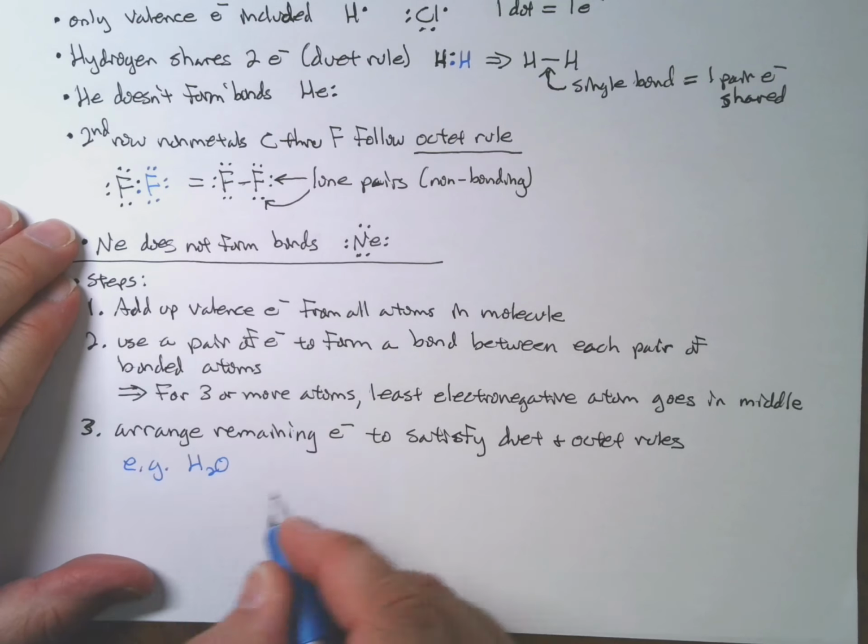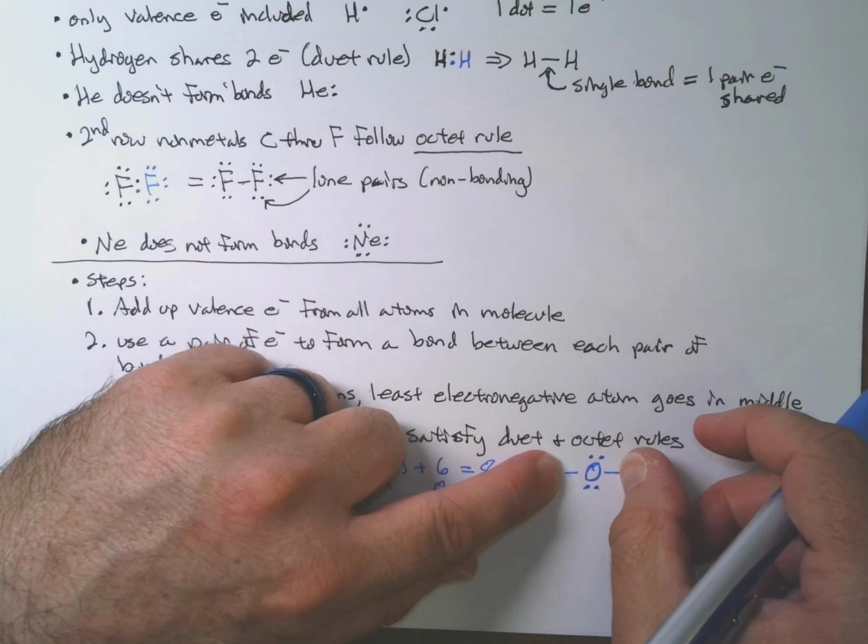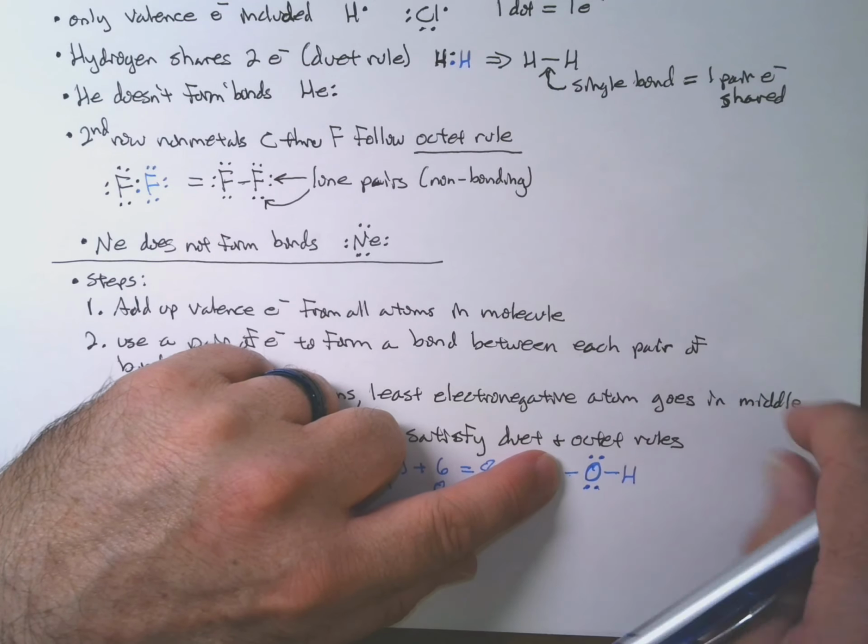And now I've used 1, 2, 3, 4 of my 8 electrons, and I'll put the other 2 in on the oxygen. And now, if I cover up my hydrogens, I have 8 electrons. So 2 from each bond, 2, 4, and then 2 from each lone pair, 6, 8. So my oxygen fulfills the octet rule.